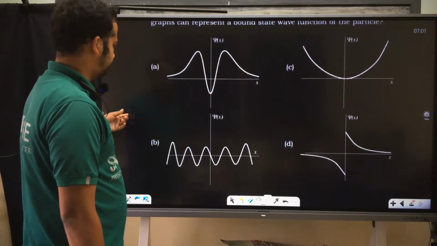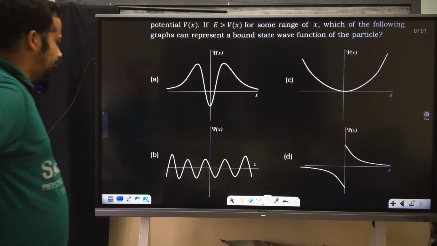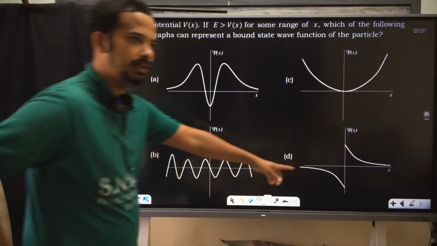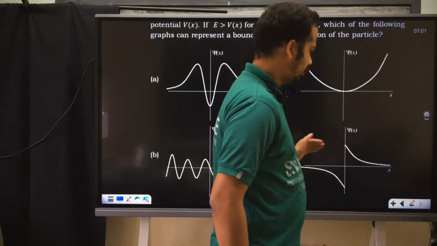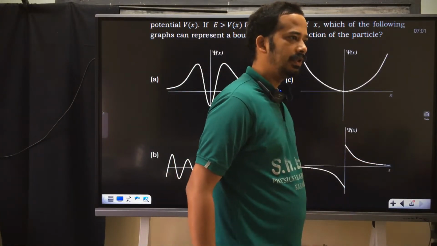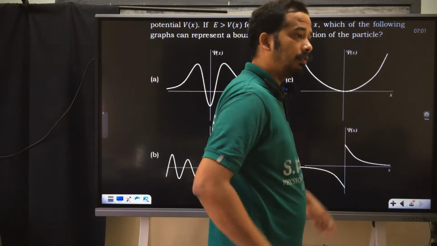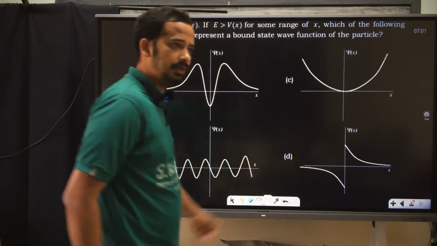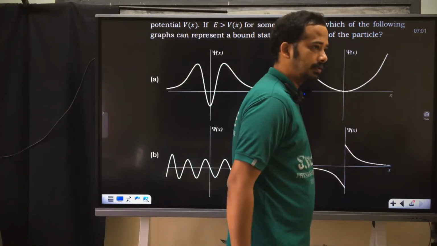C and D we can remove, but why is D not possible? This wave function is discontinuous, isn't it? The wave function is a solution of a second order differential equation. If it is discontinuous, how do you take the second derivative?